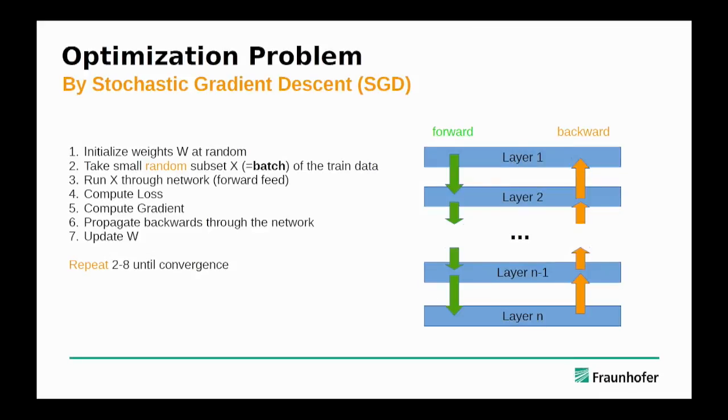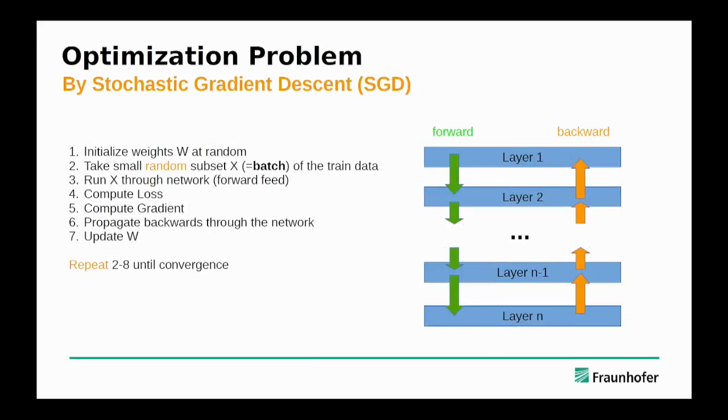So what you do, you feed forward, put your data through the network, compute some difference to the real answer, and then propagate the gradient back through the network and do some small updates. And you do that in a stochastic way, so you're not using all of the 100 terabytes of data at once, just one small chunk, which is called the batch. And you run this batch down, compute the gradient, and propagate the gradient back through the network.